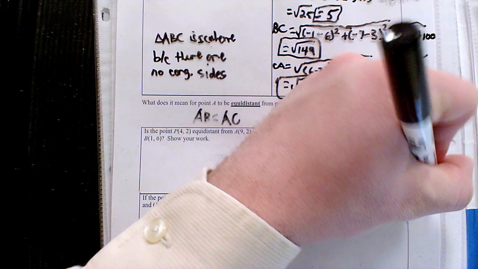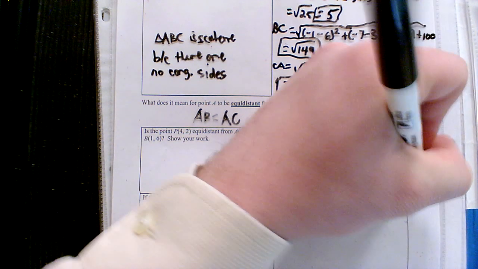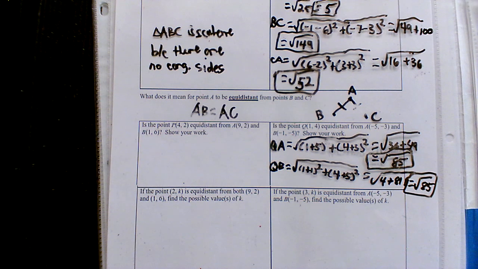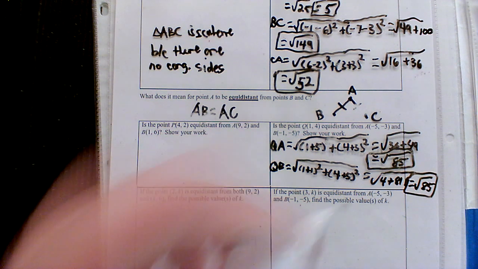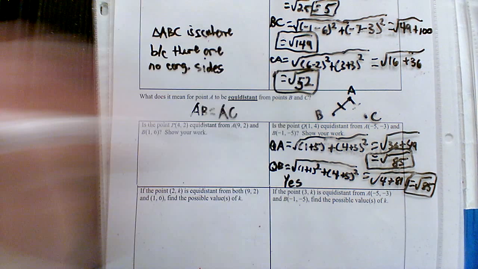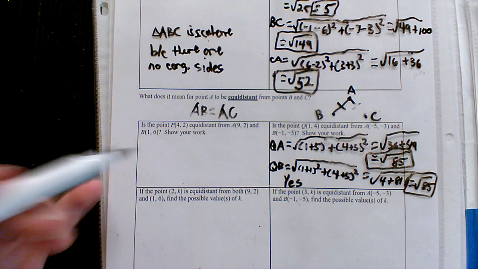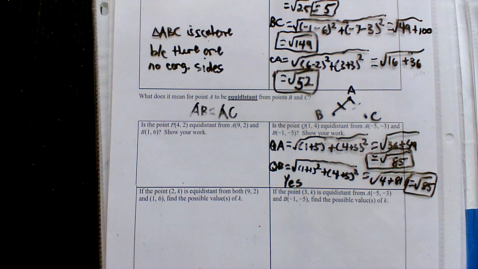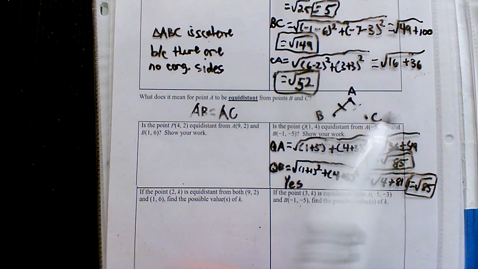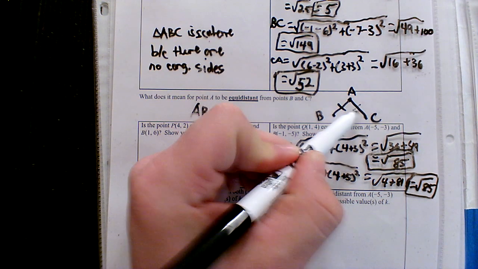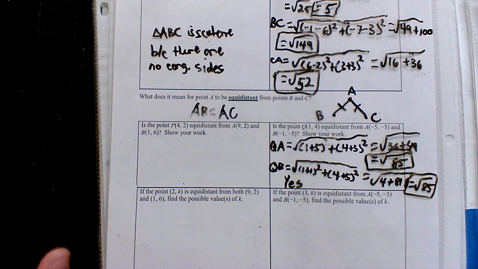So we get square root of 85. So are those two points equidistant from Q? Yes, they are. Alright, so not too bad. We used the distance formula twice. If the numbers come out to be the same, that shows that our distance from Q to A and Q to B are the same.